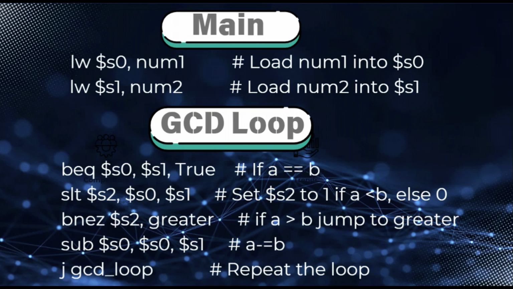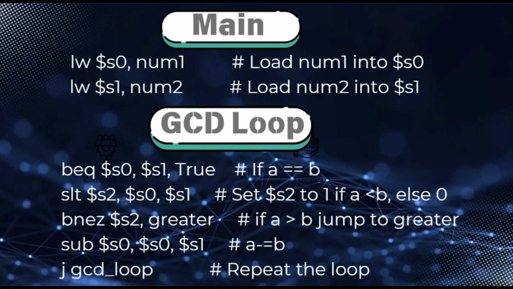And then if the value of the comparison is 0, it will go to branch not equal, which means if not equal, it will go to greater.